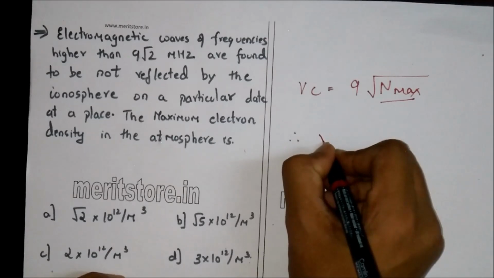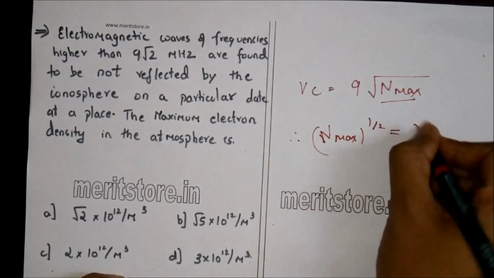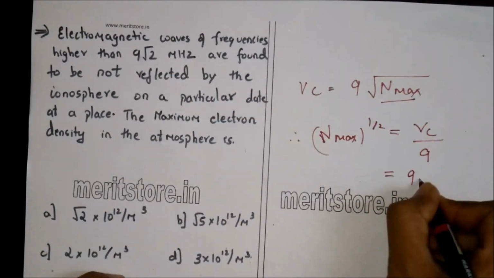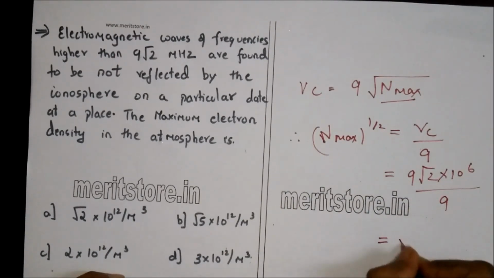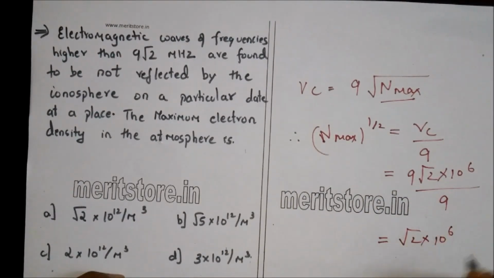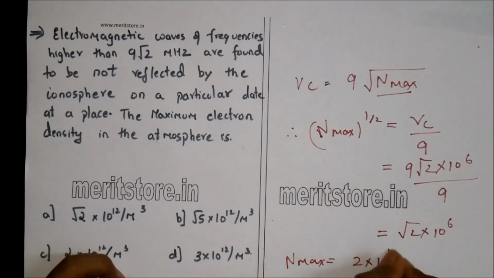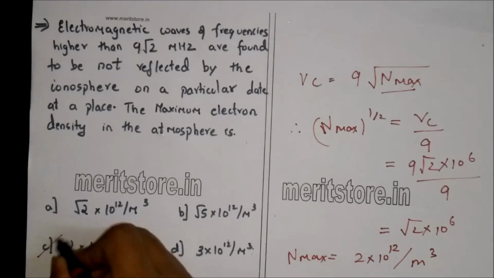Therefore, N max raised to half will be equal to Vc upon 9. Vc is given as 9 root 2 megahertz. Therefore, it equals 9 root 2 into 10 raised to 6 hertz upon 9, which is equal to root 2 into 10 raised to 6. Now, on squaring both sides, we get N max is equal to 2 into 10 raised to 12 per meter cube. So, the correct answer is option C.